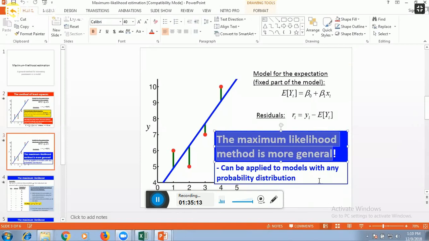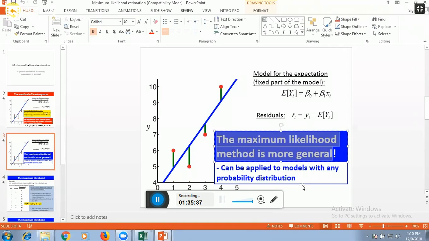That means it can be applied to models with any probability distribution. So what I mean to say is, when your errors follow a normal distribution, your y follows a normal distribution. But if y is not following a normal distribution, like for example in logistic regression, what is your y variable?